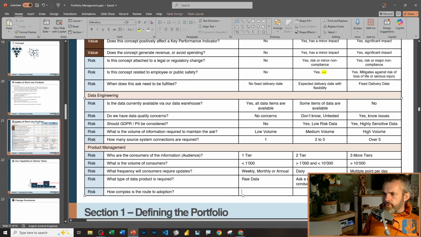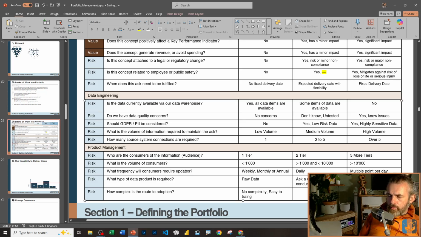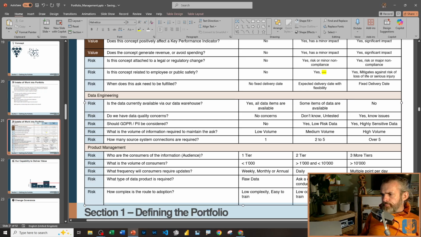How complex is the route to adoption? Low complexity, easy to train. Medium complexity, medium to train.